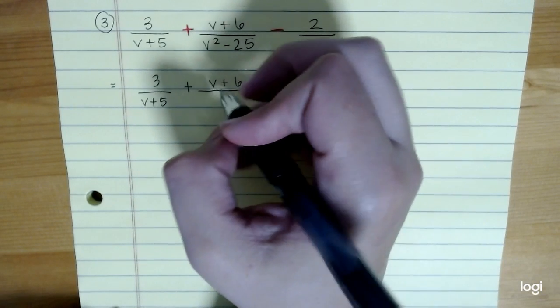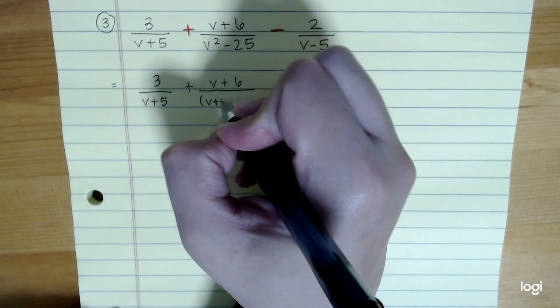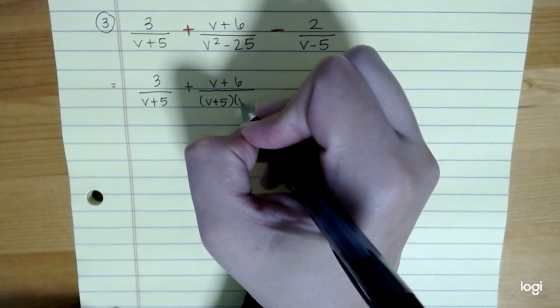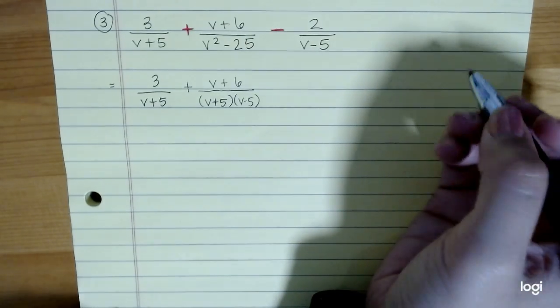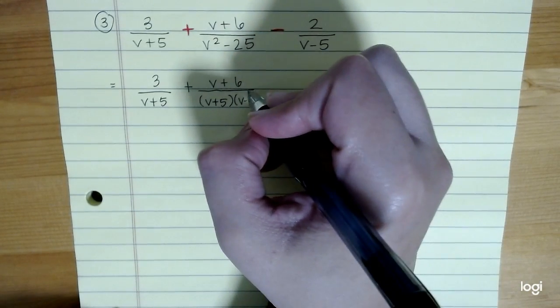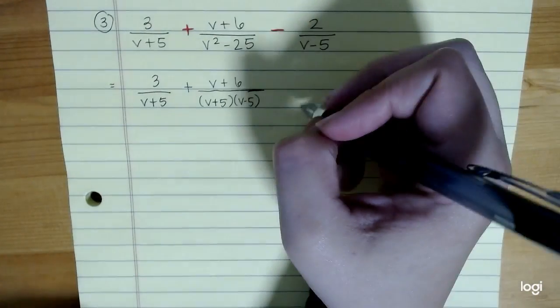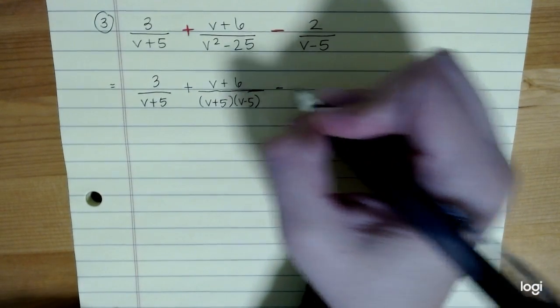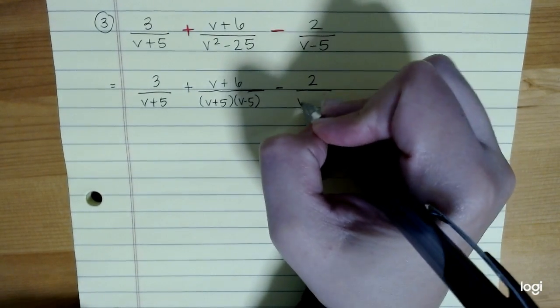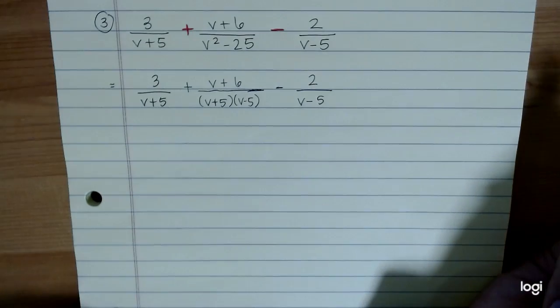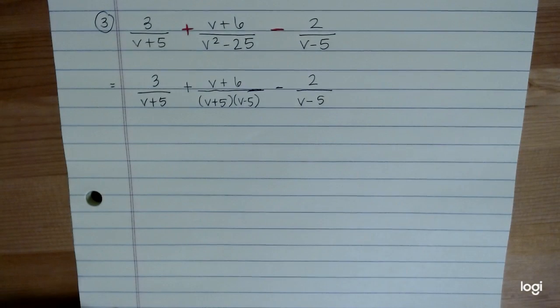So v squared minus 25 is a difference of two squares. So there's a v plus 5 and a v minus 5 factor involved in the factored form of v squared minus 25. And then again, nothing can be done to that v minus 5 denominator in terms of factoring there.